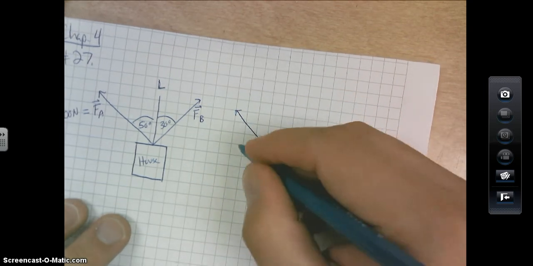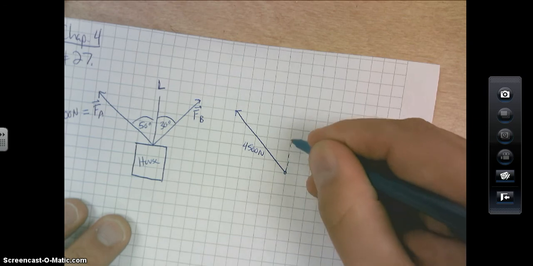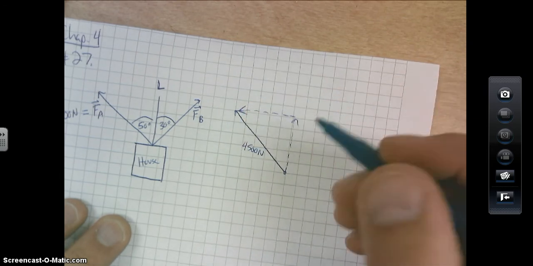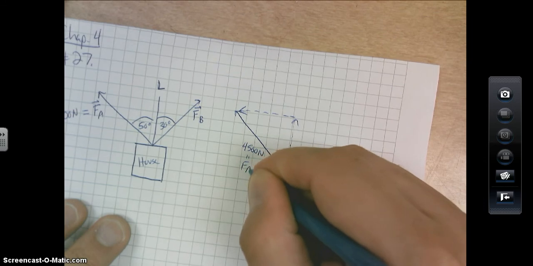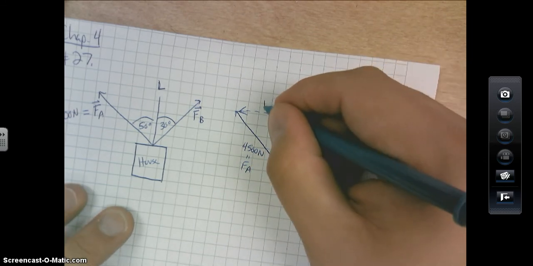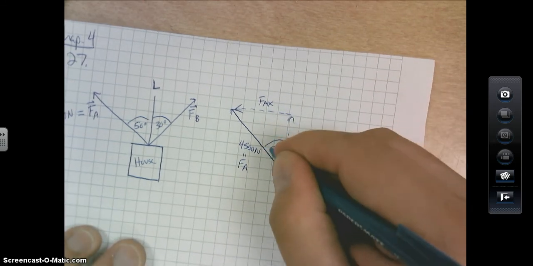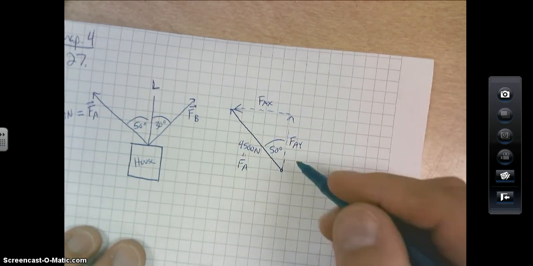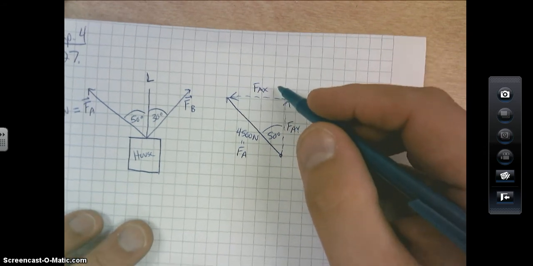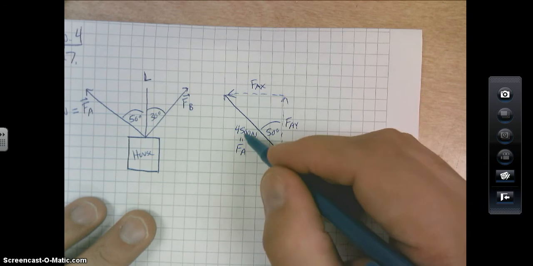Just going to say this right here is the 4,500 newtons, and it has a y and an x component. So if this is FA, then this is going to be FAY, and this is going to be FAX, and this is a 50-degree angle. So using my knowledge of trigonometry here, if I want to solve for the x, that's the opposite side and the hypotenuse.